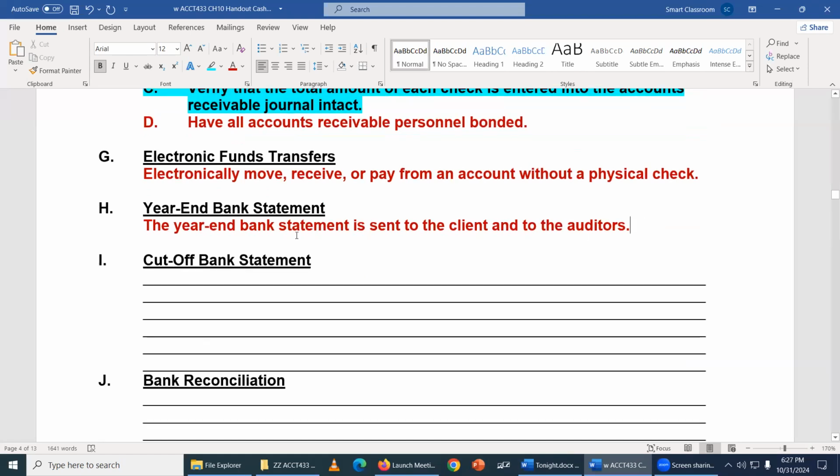Yeah, so the bank statement is sent to the client, obviously. So for instance, if this is IBM, IBM will get their bank statement. They probably have a bunch of bank statements, but also those are sent directly to the auditors.